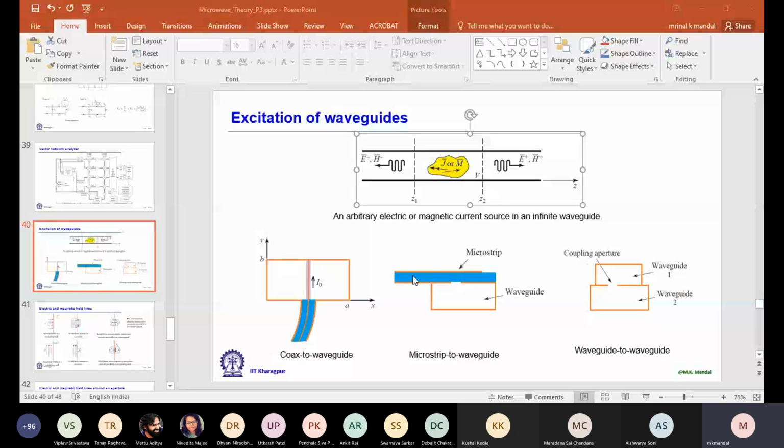If the slot is just at the center of the waveguide, as we discussed one day, excitation requires a slope of electric field variation. Just at this center for the TE10 mode, we don't have any variation. If I put the slot aligned with the center, then there won't be any excitation of electric field inside the waveguide.